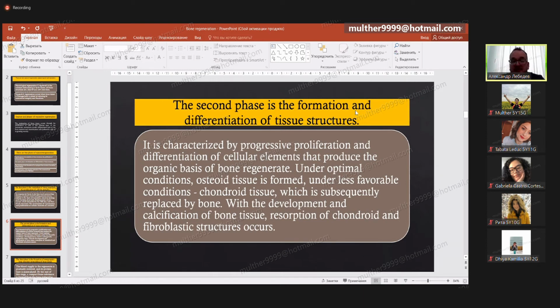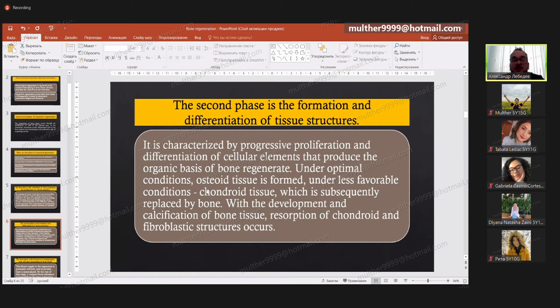And you see that the first kind of tissue present in the line of the fracture is chondroid tissue. After that, when we have differentiation of the cells, they start to produce. After that, this chondroid tissue starts to calcify.